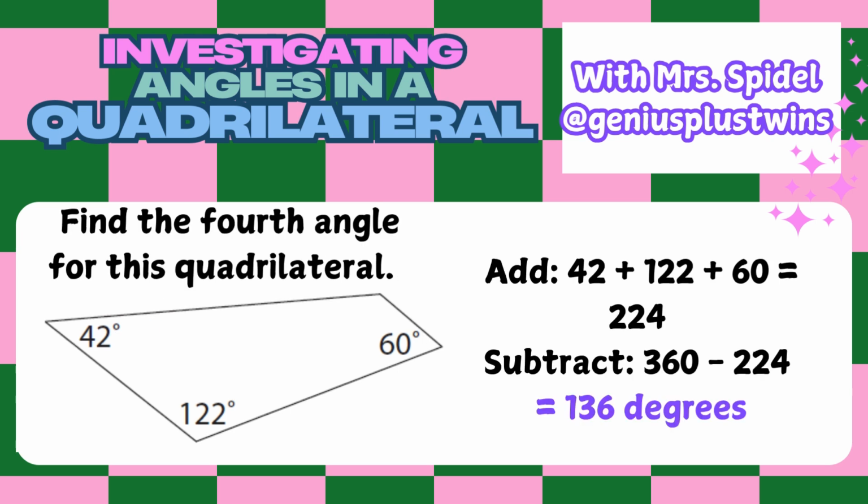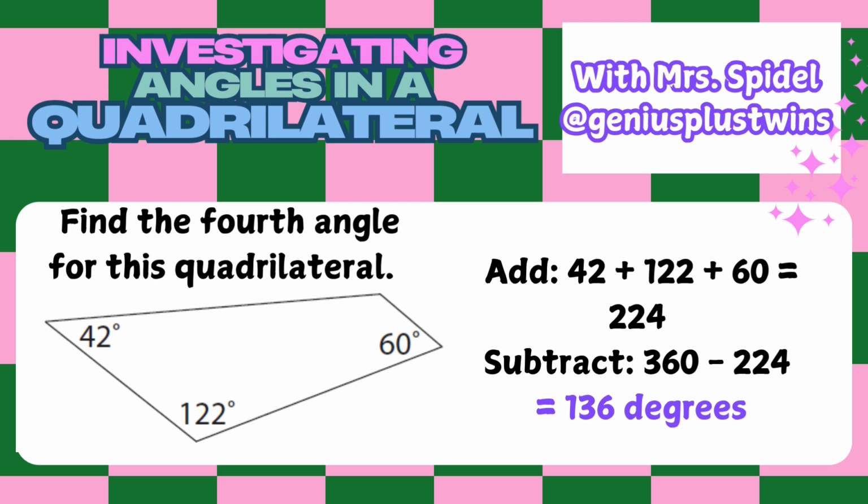Okay, I hope everyone took the time to find out what the 4th angle was. The 3 existing interior angles that you knew were 42, 122, and 60. When you added those together, you should have gotten 224, and then subtracted to find the difference.